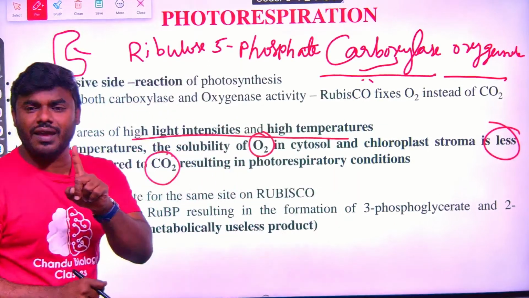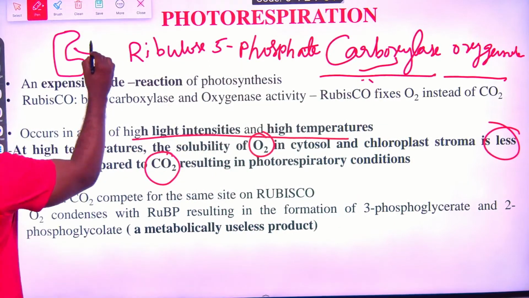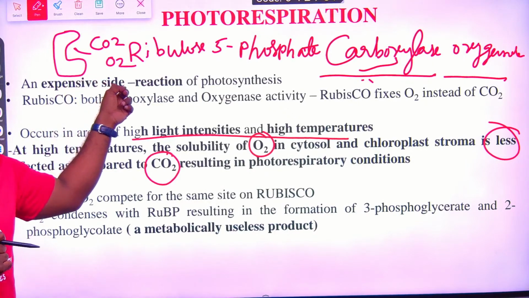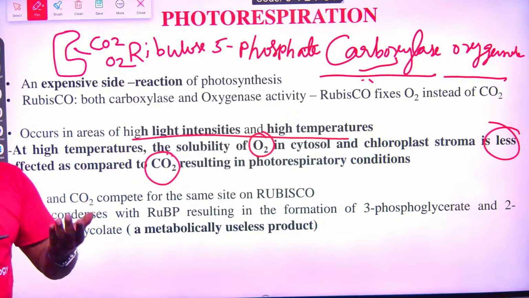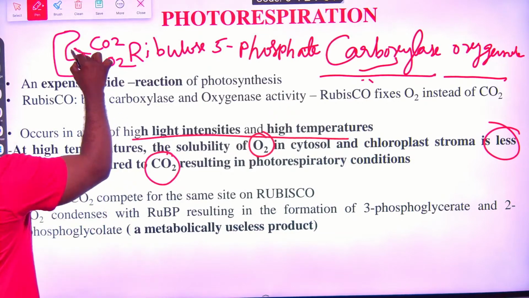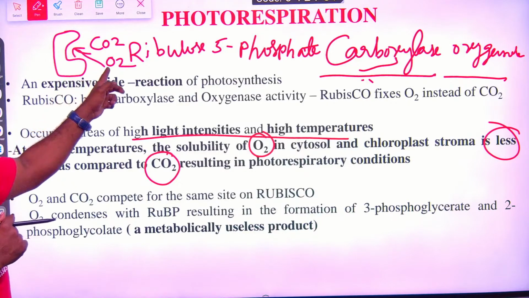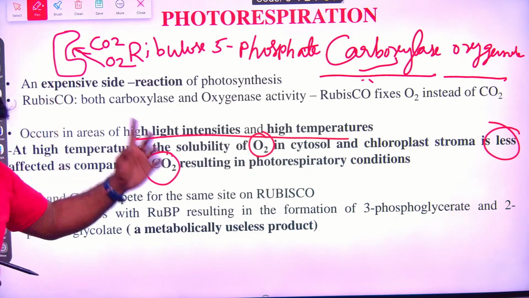The active site is only one. Carbon dioxide and oxygen compete for that active site. You're getting the point? Whichever is more available and can attach to the active site, Rubisco will fix it. Simple point. Now what is our condition?